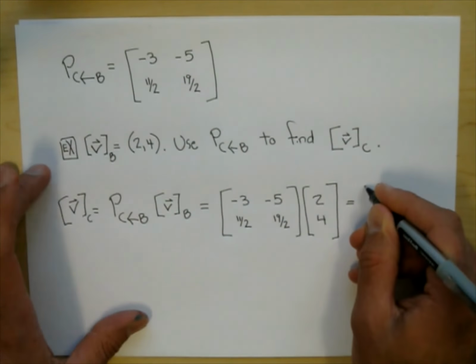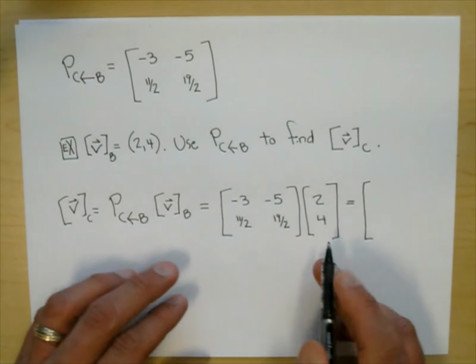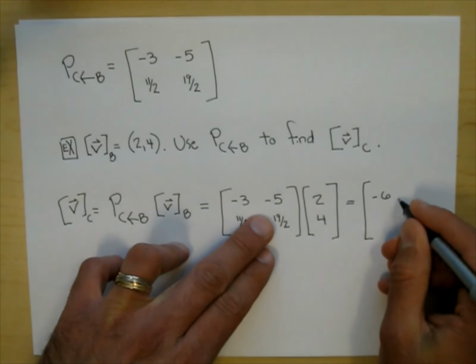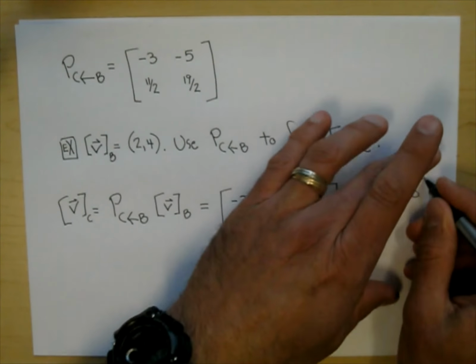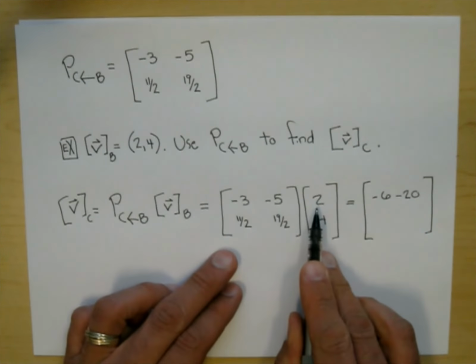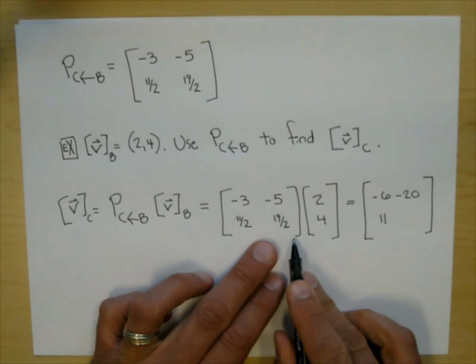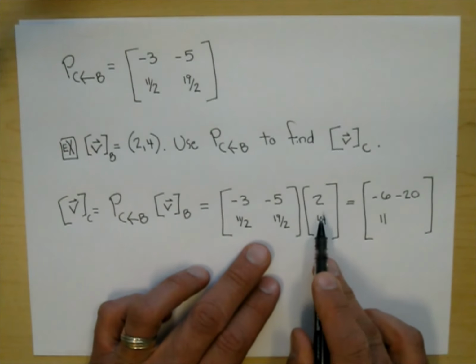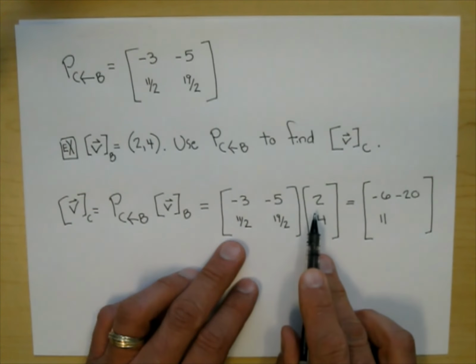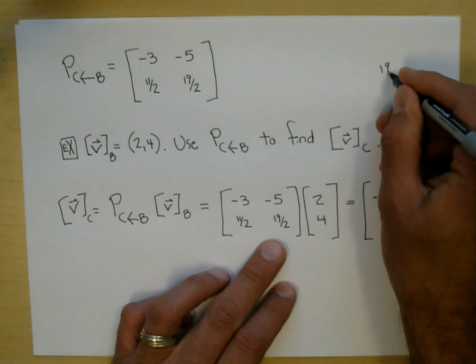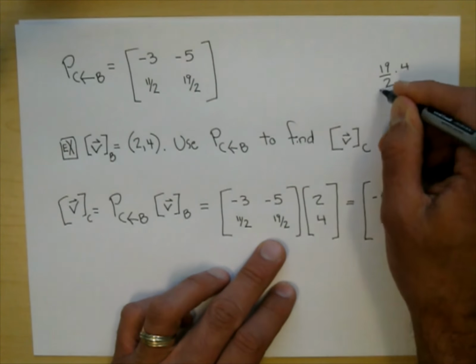So when I do the multiplication, see what I end up getting. -6 minus 20. And on the bottom, I end up getting 11 because the 2's canceled. Okay, good. And then 19 halves times 4.